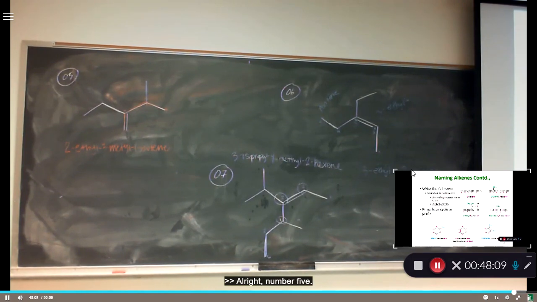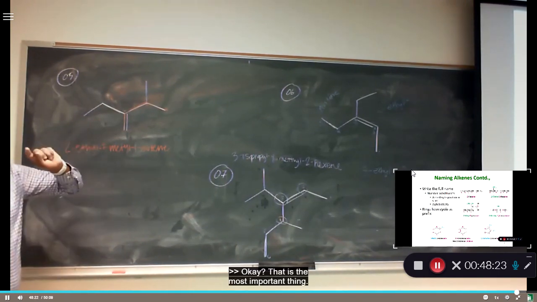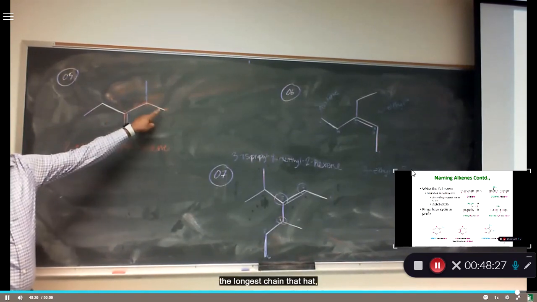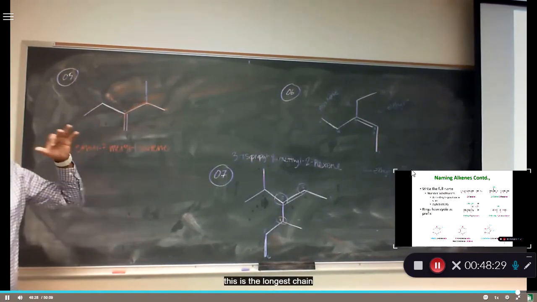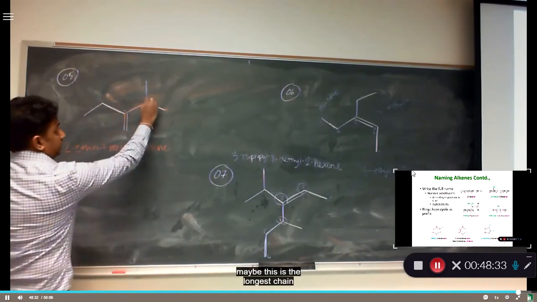Alright, so who did number 5? Alright, Gabby. So, you picked the parent chain, and you made sure to include the double bond. That is the most important thing. Even though this is not the longest chain, this is the longest chain with the double bond. Some people think maybe this is the longest chain, so let me do that.